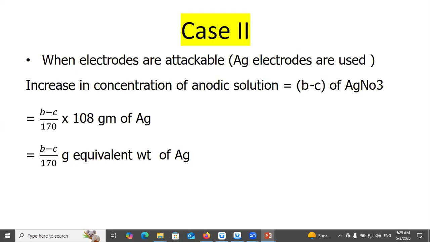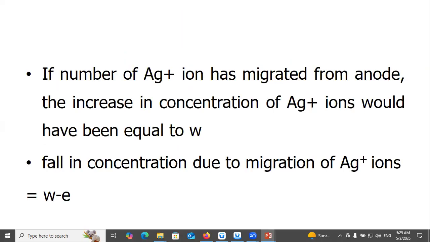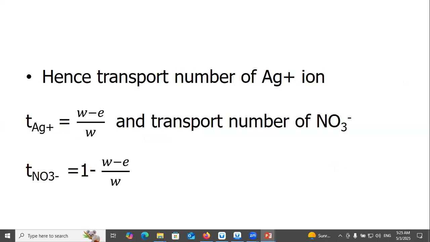So B minus C over 170 into 108 gram of silver, equal to B minus C over 170 gram equivalent of silver, say E. If no silver ions had migrated from the anode, the increase in concentration of silver ions would have been equal to W. Fall in concentration due to migration of silver ions is W minus E. Hence the transport number of silver ion, T_Ag+, equals W minus E over W, and the transport number of nitrate, T_NO3, equals 1 minus W minus E over W.